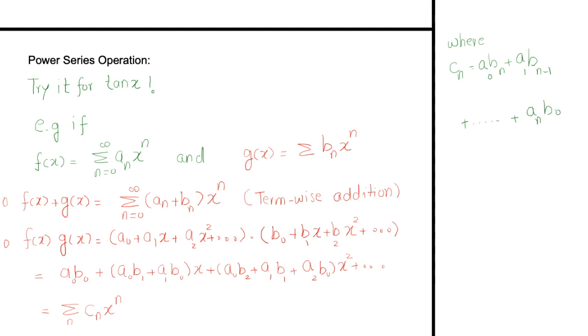You can now check it for n is equal to 0 and you will get a naught b naught. For n is equal to 1 you will get a naught b1 plus a1 b naught.